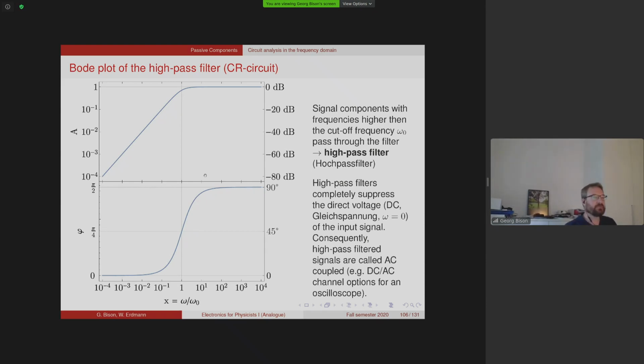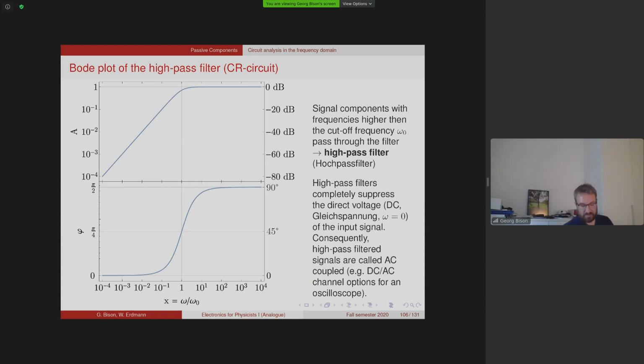Okay, high pass filters have a zero transfer function at DC, so at zero frequency. And so they are used to suppress DC values. If a signal passes through such a DC suppressing filter, only the alternating current remains, and so it's called an AC signal, or AC coupled if you use a high pass filter to couple a signal.